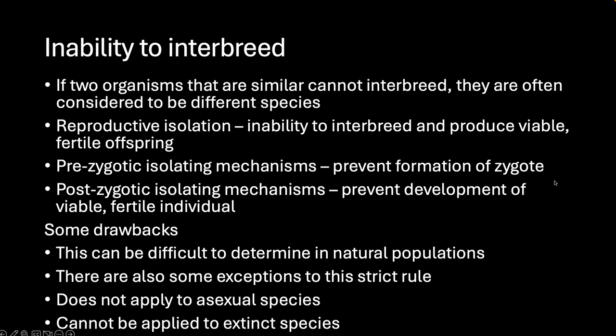Two additional issues are that it does not apply to asexual species, so basically all single-celled organisms, and we obviously cannot observe interbreeding between organisms that are extinct. So despite this definition seeming the most clear-cut, it still is not perfect.